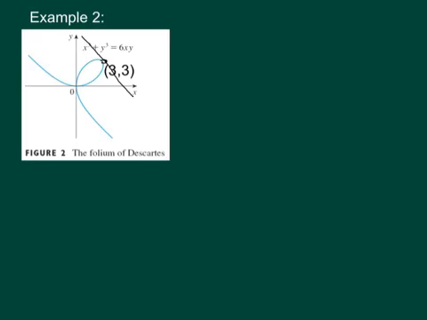So at that point, 3, 3, there's a tangent line, not to the function, sorry, to the graph of this equation. So we want to find the equation of it. So our equation is this, and we are going to differentiate each side.